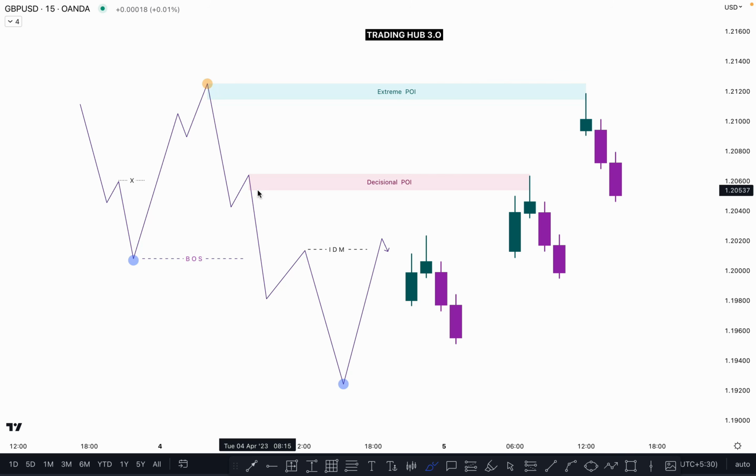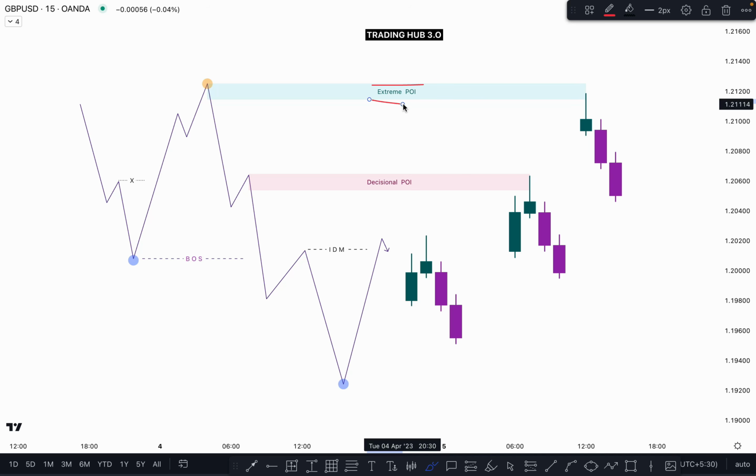And this zone is our decisional, with 50% probability, because you have one more POI, the extreme one, this one. So this one is our extreme POI, and it has a higher probability compared to the decisional. This is not 100%, but it is higher probability compared to the decisional. So you have to play on decisional and extreme as per the current price action. What's the market going on?